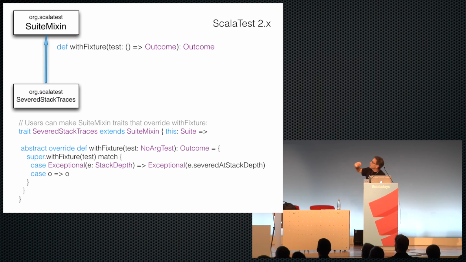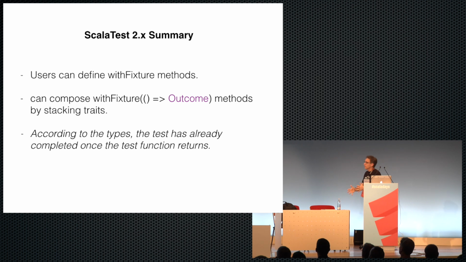And then you say my self type is Suite, so I can only be mixed into a Suite, which will have that one whose default implementation is just invoke the test function. And then you just abstract override withFixture, and you can mix that into any test, and if you have several of these, you can mix them together, right? So that didn't happen as often as people just doing it directly, but these are the things that we had.